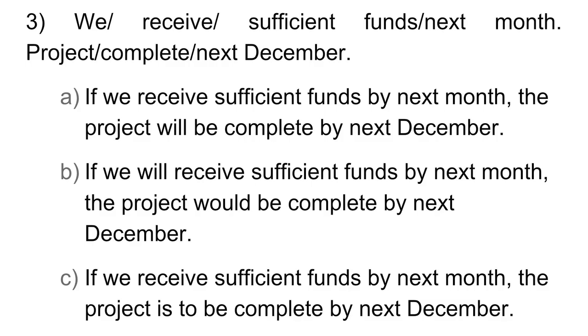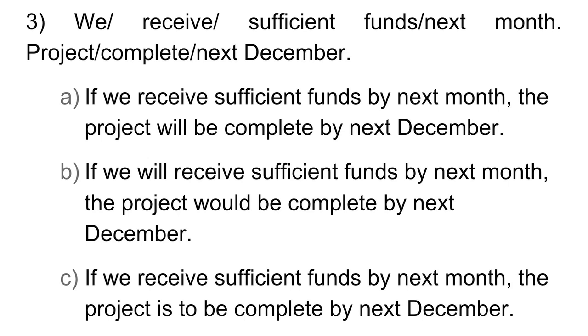Number 3, we receive sufficient funds next month, project complete next December. A. If we receive sufficient funds by next month, the project will be complete by next December. B. If we will receive sufficient funds by next month, the project would be complete by next December.